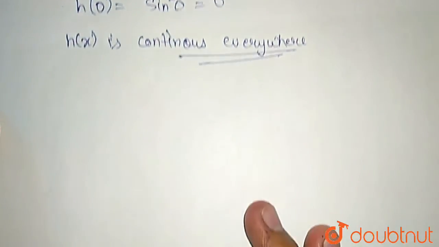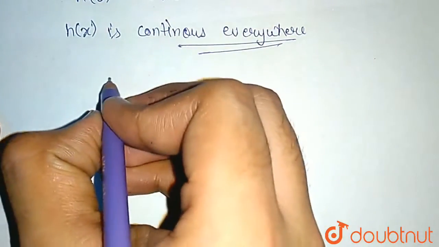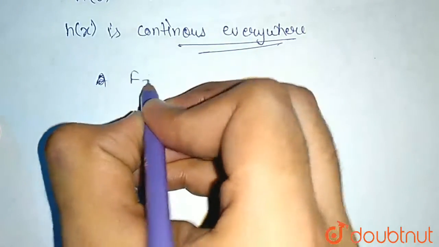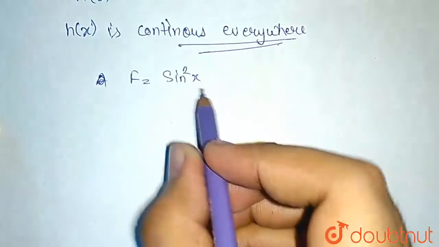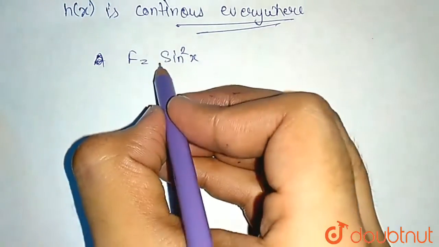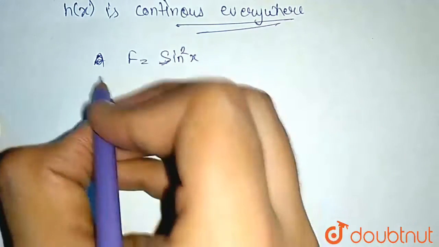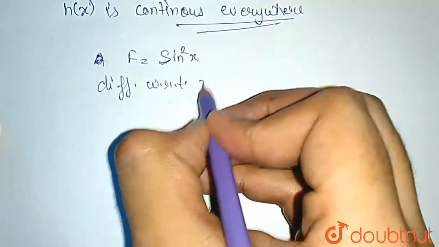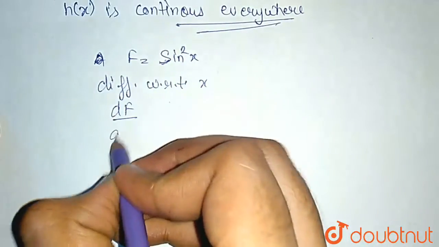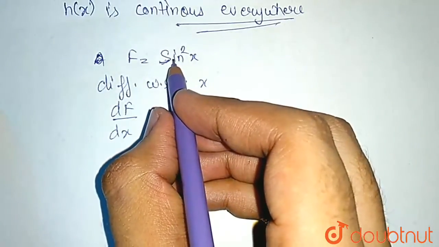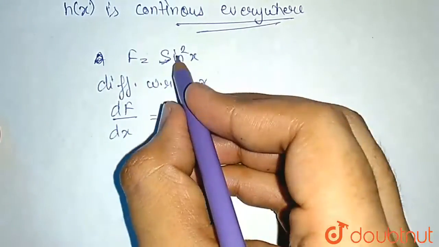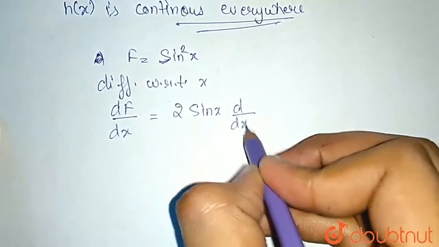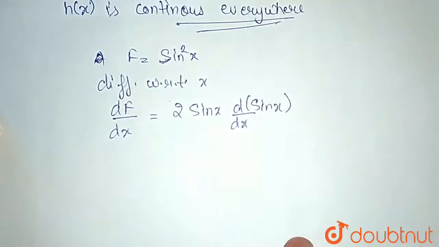Now we need to find its derivative. Let us assume another function, capital F(x), equal to sin square x, in order to find the derivative. Differentiating with respect to x, we have dF by dx equal to 2 sin x into d by dx of sin x.